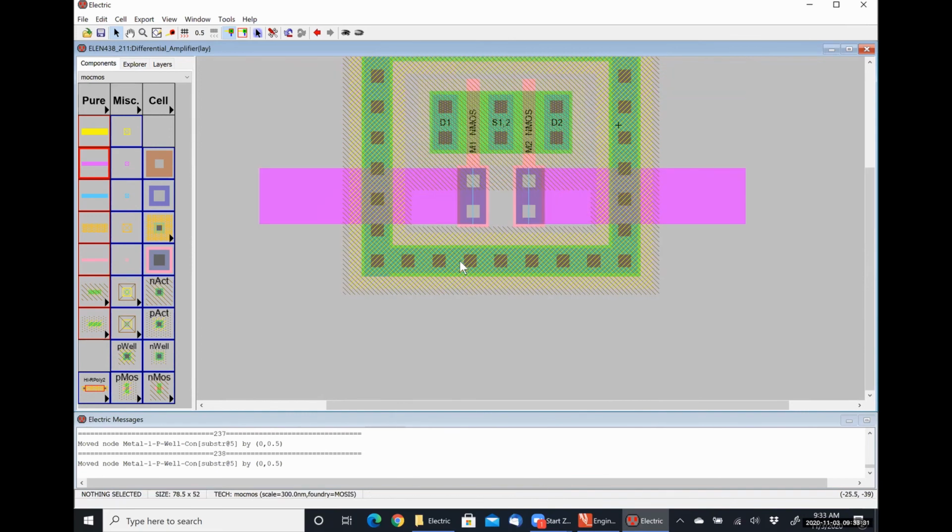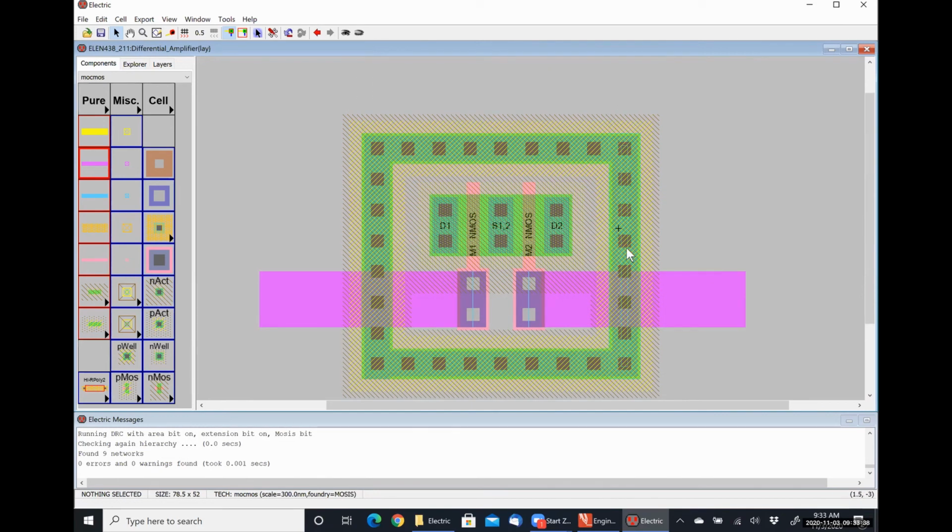And no errors. Okay, so that looks good to me. Those gate connections are fine.